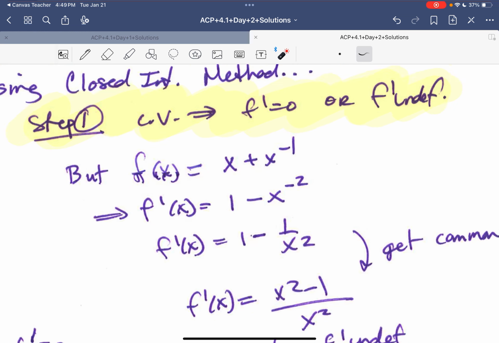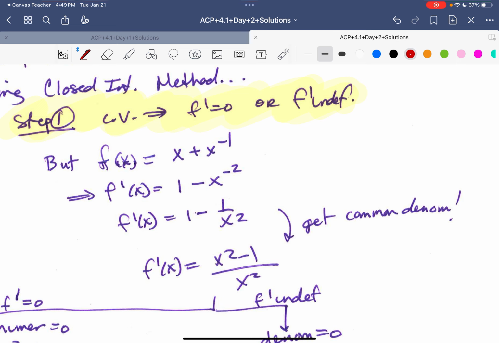Remember, we like factors and fractions when finding things equal to 0 or undefined. Factors, because two things multiplied together equal 0, and fractions, because if the denominator is 0, that sucker's undefined.